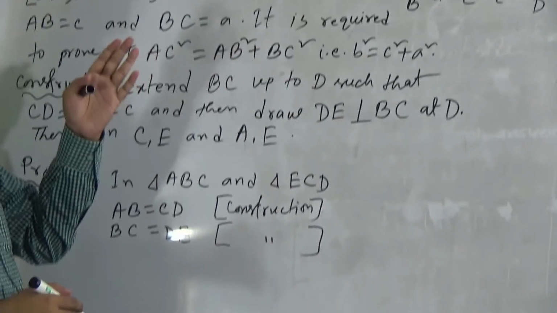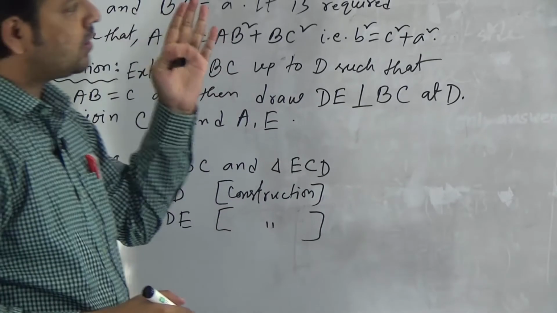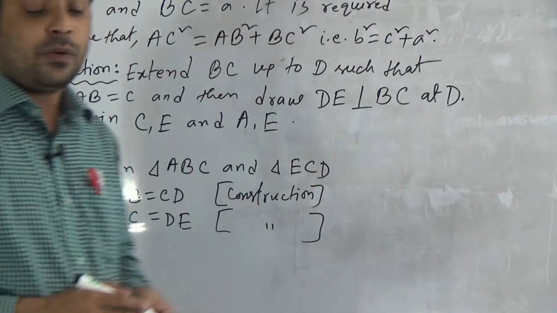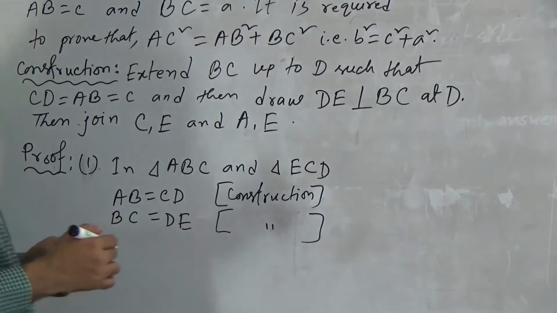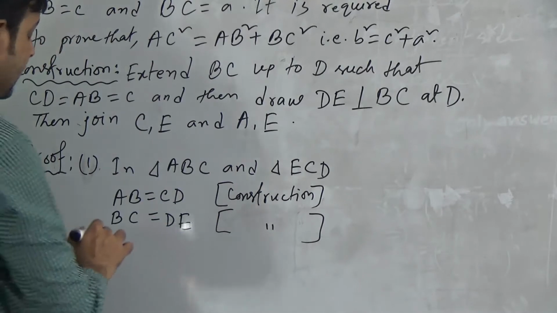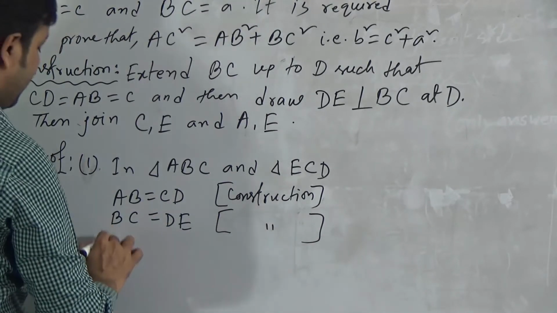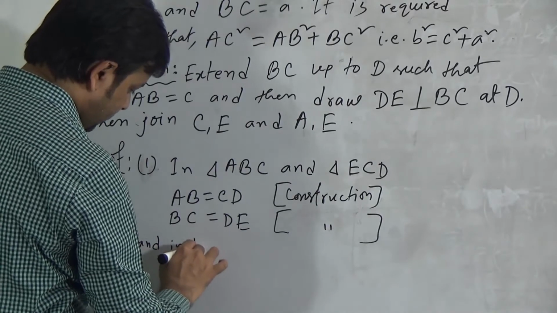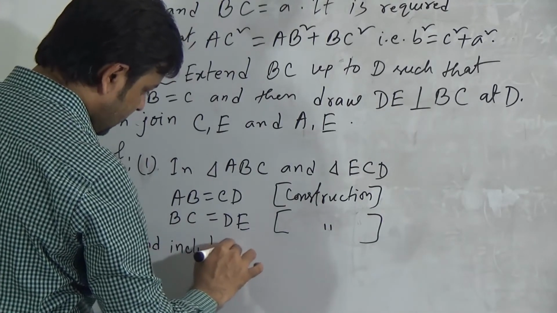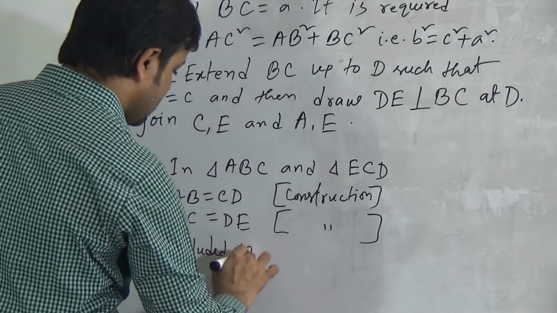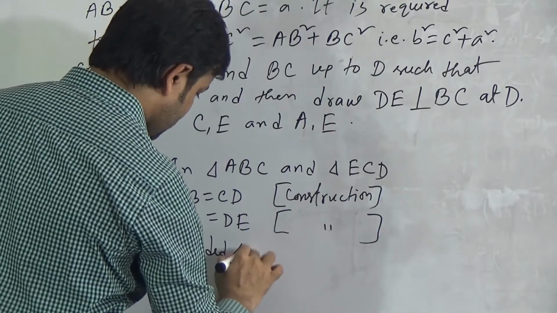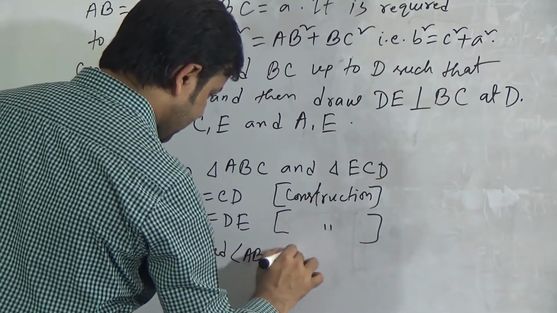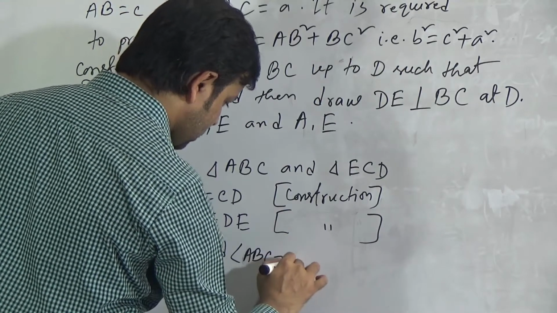If we write EDC or CDE, both will mean the same angle. So we can write here and included angle ABC is equal to included angle CDE.